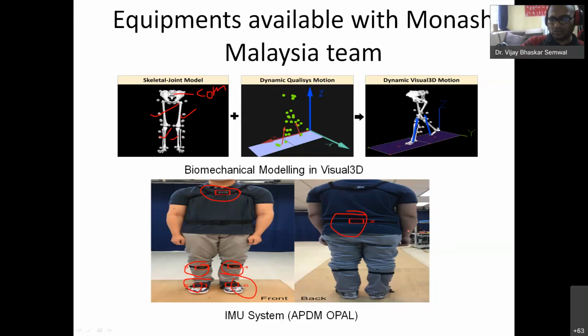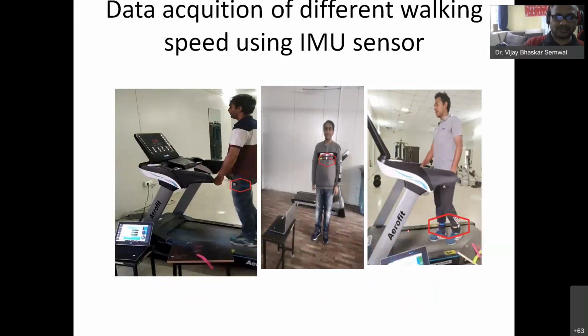It depends on you where you want to place the IMU sensors. We have also used these IMU sensors on the heart for heart rate, and on the hip, knee, and treadmill to capture data at different speeds, so that gait velocity can be used to visualize or analyze human health.